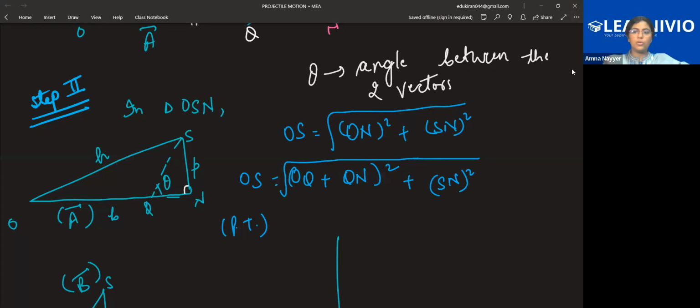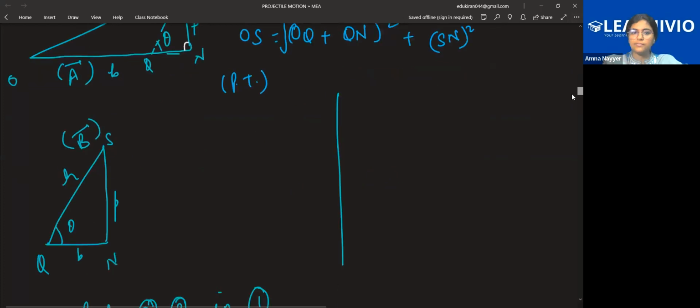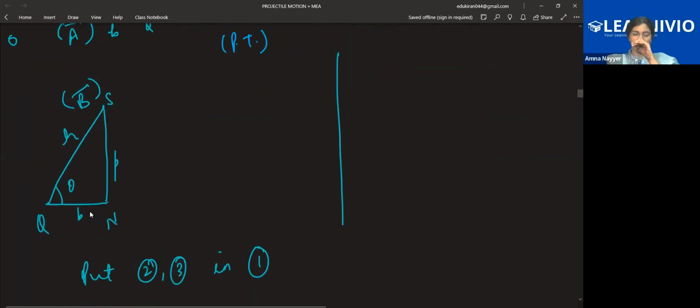Now let's see some more calculation parts. Now let us just focus on this triangle only. For the calculation purpose, we'll just focus on this triangle. This is a smaller triangle which we have drawn, SNQ. Now this is our theta. This is the hypotenuse. Here we have the perpendicular.